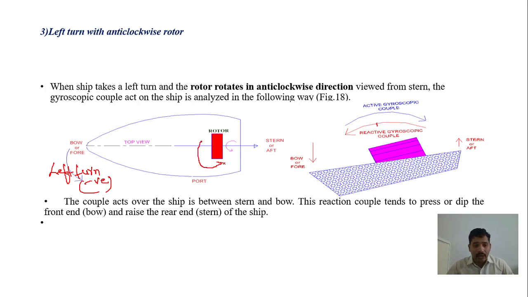It is rotating in anti-clockwise direction. Anti-clockwise direction is considered negative. So for the gyroscopic couple direction, the left turn is negative, as well as the rotor rotating in anti-clockwise direction, again considered negative. Negative into negative should be positive only. Is it right?